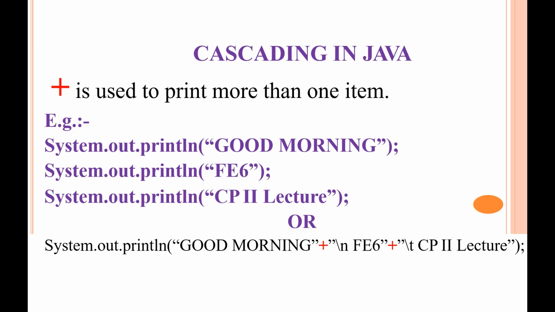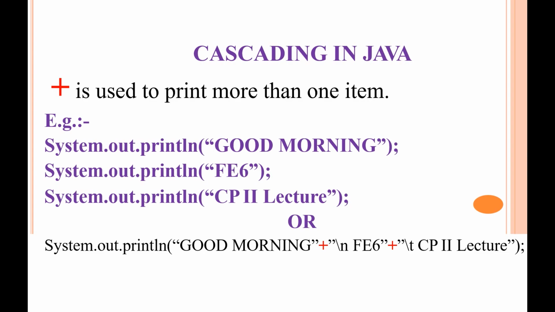System.out.println, then within the brackets double quotes good morning, then plus operator, then double quote starts. If you want the next string in a new line, we can use \n. Either you can use the println function, or with the print function you can use \n, which is also for a new line.